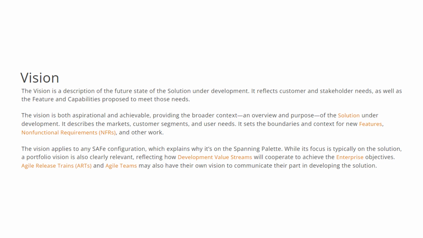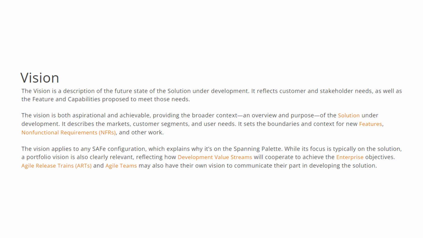It reflects customer and stakeholder needs as well as the features and capabilities proposed to meet those needs. See, look at that, the statement is made very cleverly. Vision reflects customer and stakeholder needs, right? And it also reflects the features and capabilities proposed to meet those needs.